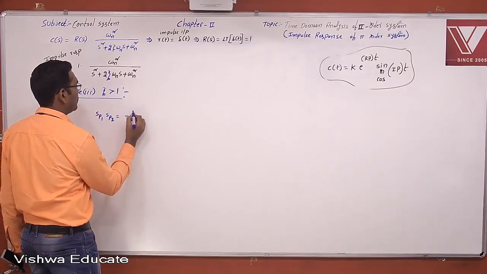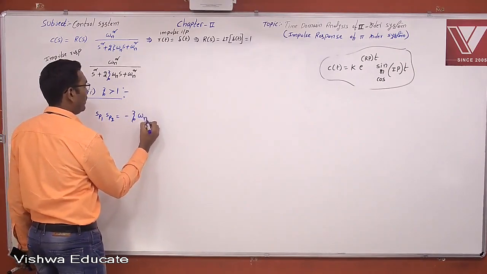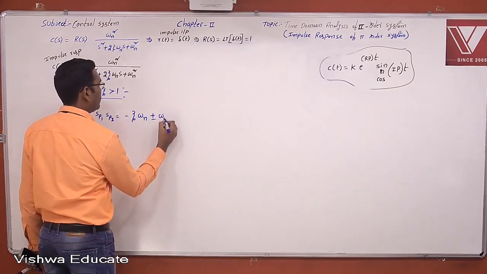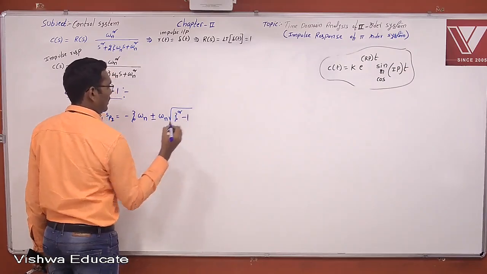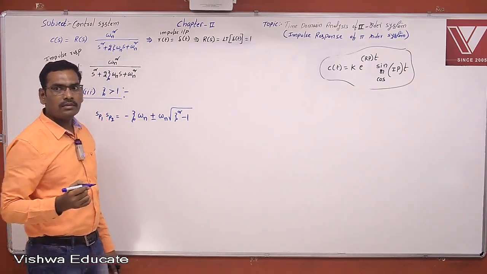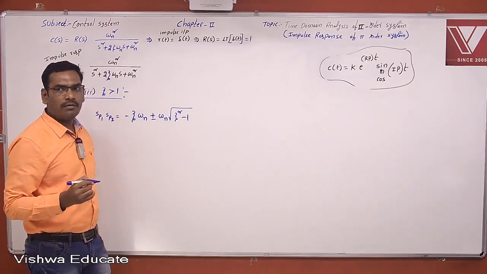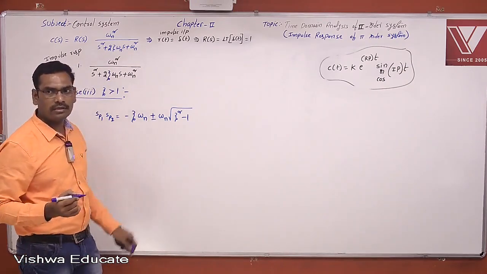These are the two poles: minus zeta omega n plus or minus omega n into square root of zeta square minus 1. Now see the poles' location.